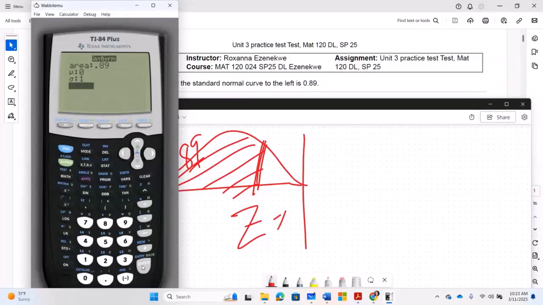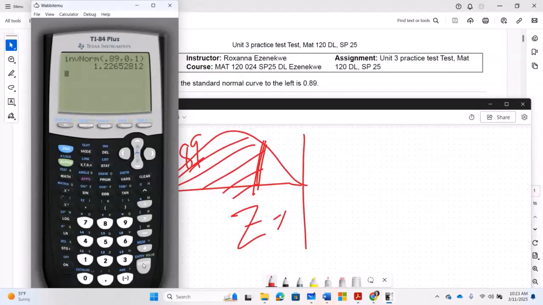Now the mean of a normal distribution is 0, standard deviation is 1. So I will paste. And it's asking me, do you want to find the z-score corresponding to the 89th percentile? Because that's what it means.